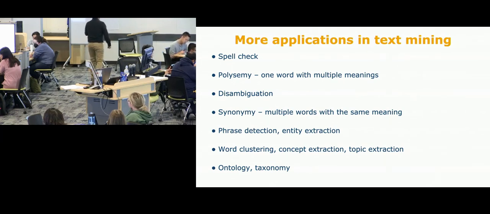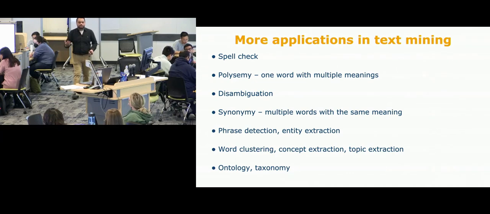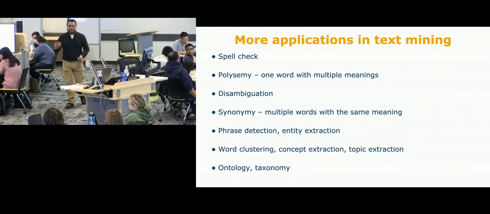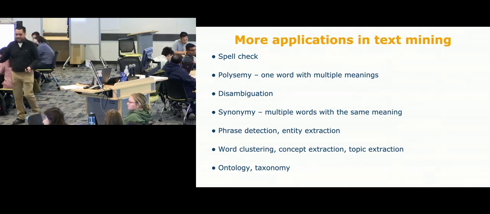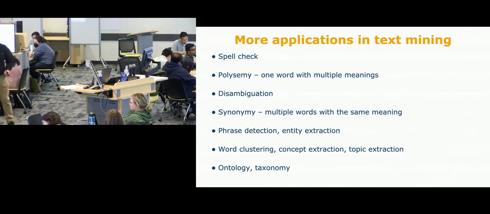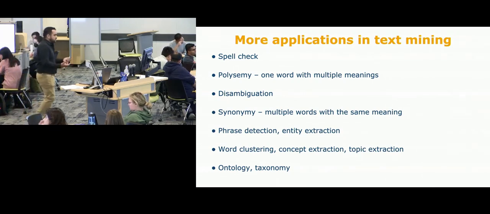You could also look at polysemy. Polysemy means one word with multiple meanings. There's a very important problem in text mining called word sense disambiguation. So when I use the word bank, does it mean river bank, or does it mean Bank of America, some kind of financial institution? Just one example.